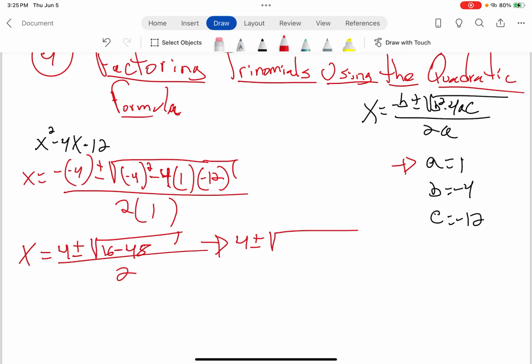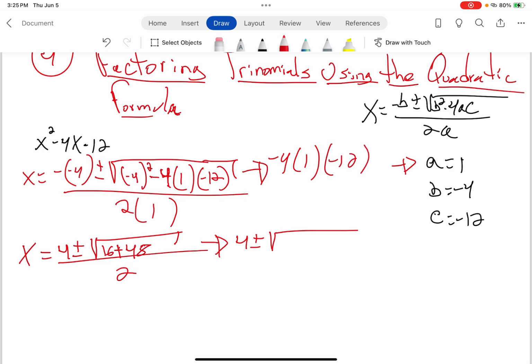Here I made a mistake. It should be positive 48. Let me do this part again. Minus 4 times 1 times minus 12, sorry.